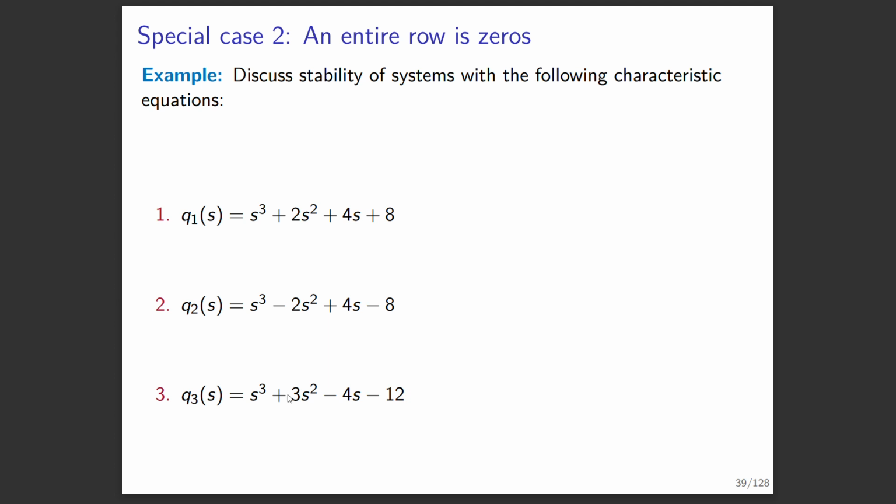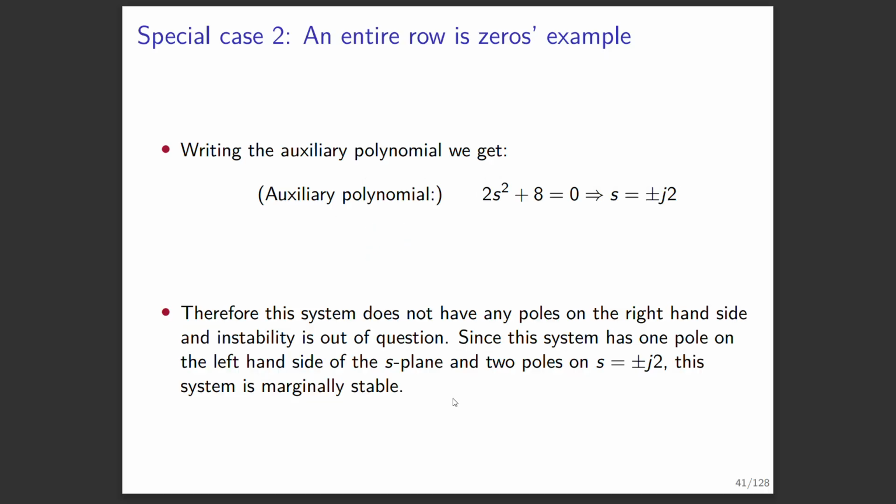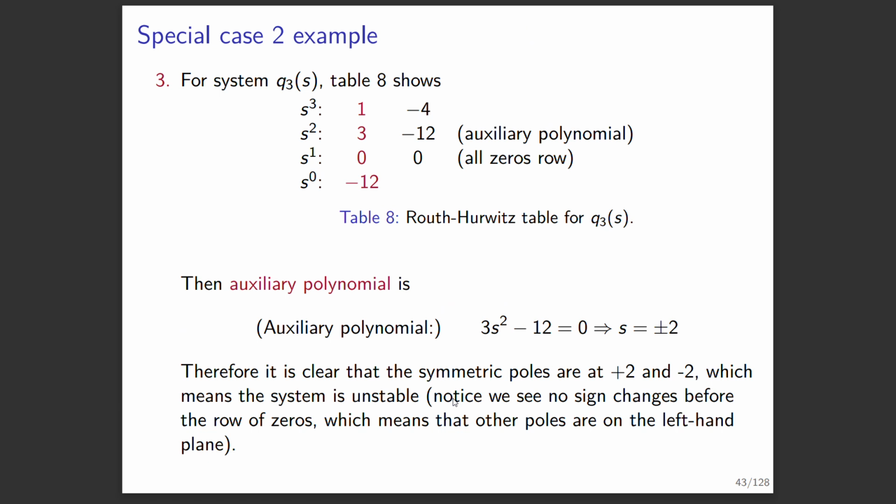How about the third one? The first row would be 1, negative 4. The second row would be 3, negative 12. Again, I'm going to have a row of all zeros. Again, I write the auxiliary equation using these numbers as the coefficients, and I end up with s equals plus or minus 2.